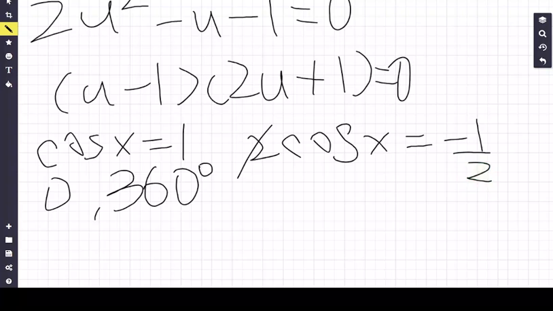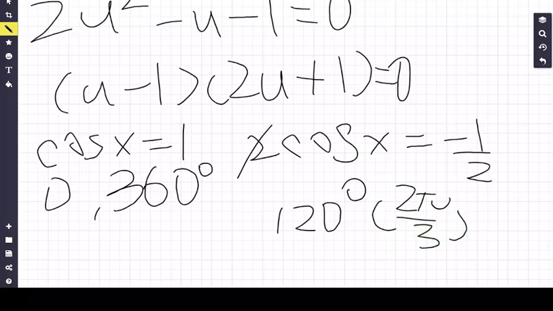So we see cos is negative. What does that mean? That means we're going to be in the second and third quadrant because of the CAST rule. So first, let's find the first one. If you memorize some good formulas and understand them, the first answer is going to be 120 degrees, otherwise known as 2 pi over 3.